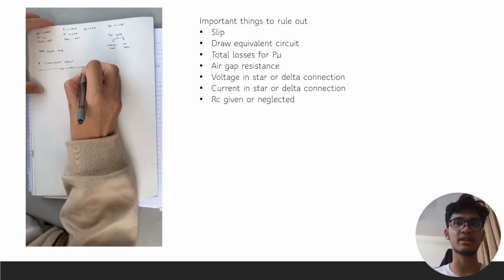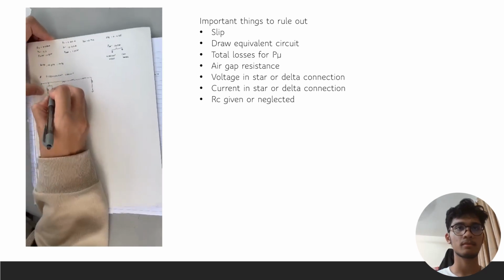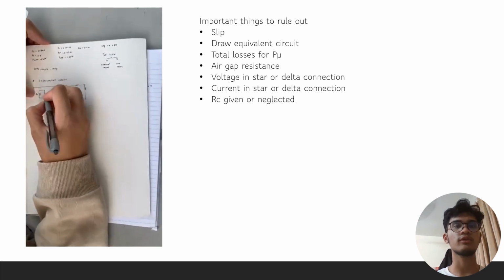If in star connection, the voltage given here, we need to divide it by root 3 in order to make it into phase. It is not required for us to change, but it is easier for us to calculate if it's in phase. To find the value of I2, it uses the simple electrical formula that everyone knows, which is V equals IR.